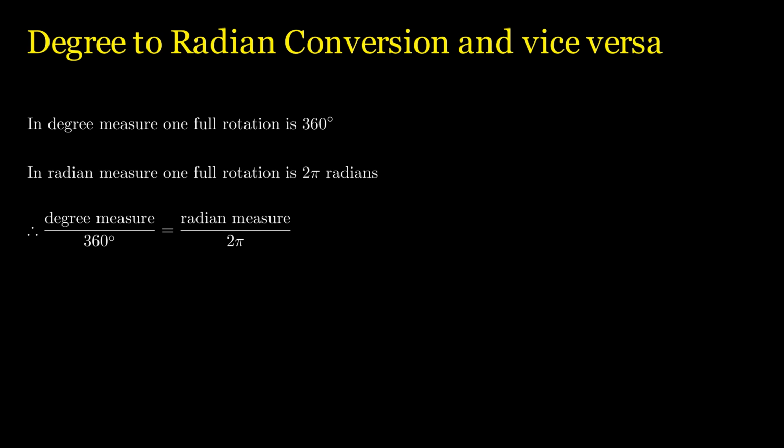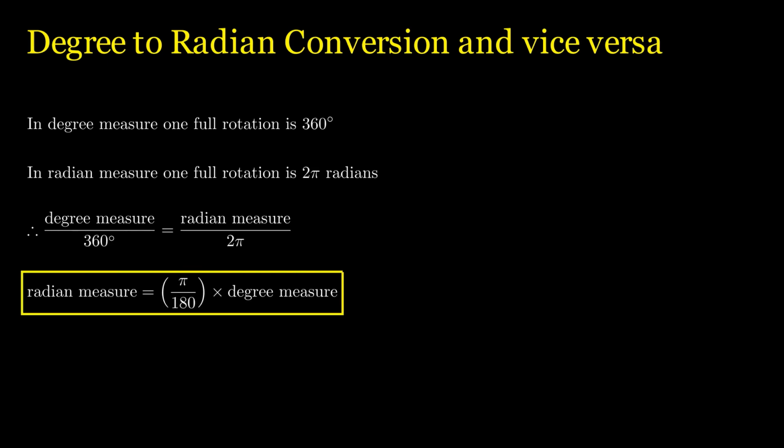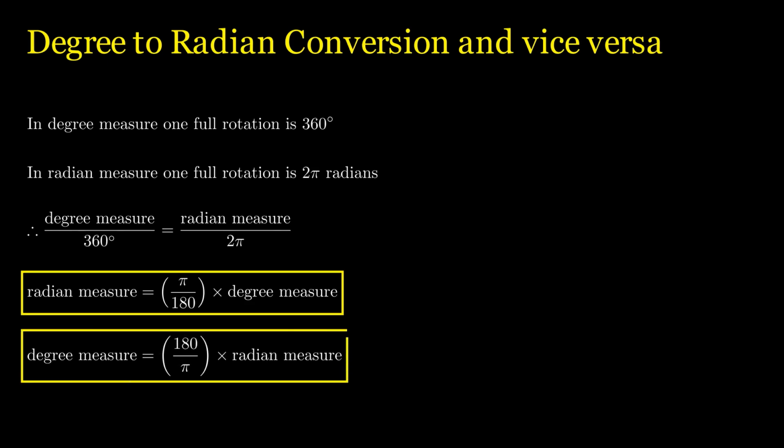With slight rearrangement, radian measure equals 2 pi by 360 times degree measure, which simplifies into radian measure equals pi over 180 times degree measure. Similarly, degree measure equals 360 by 2 pi times radian measure, which simplifies into 180 divided by pi times radian measure.